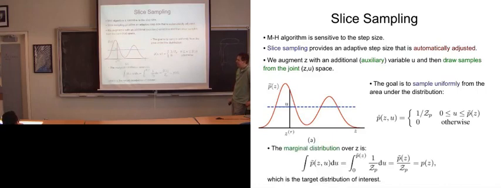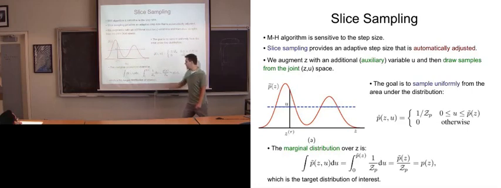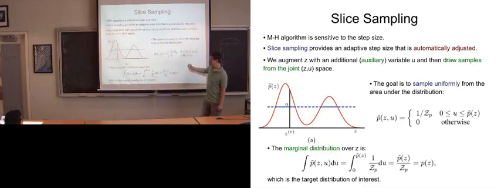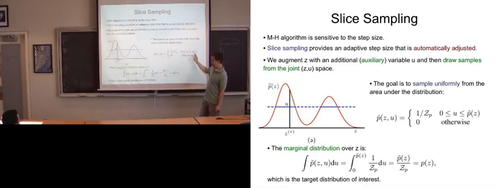Let's look at the marginal distribution. The marginal distribution of Z, if I marginalize out U, is P tilde Z. What is the definition? I just plug in the definition here. I'm going to be integrating from 0 to P tilde of Z, that's the range of U, du.